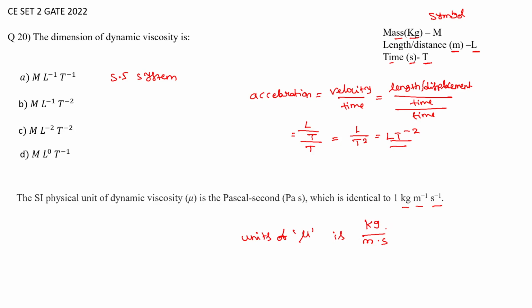How can we represent this? Kg is shown with the symbol M, meters with L, and seconds with T, which narrows down to M L power minus 1 T power minus 1. So option 1 is the correct answer.